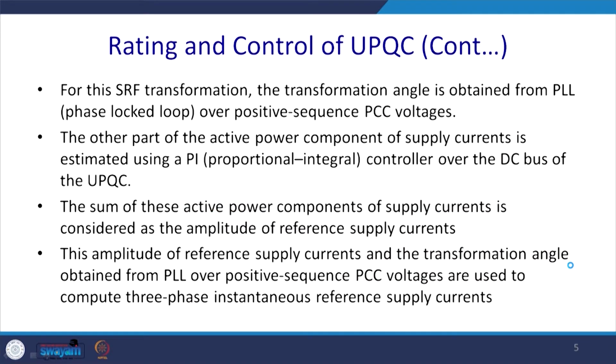For the SRF transformation, the transformation angle is obtained from the PLL. The PLL is a very important entity. We require to talk about the PLL in detail, and that will be done hopefully in the next class.